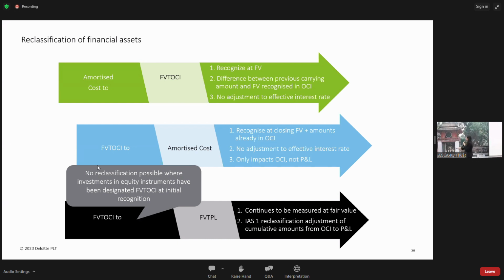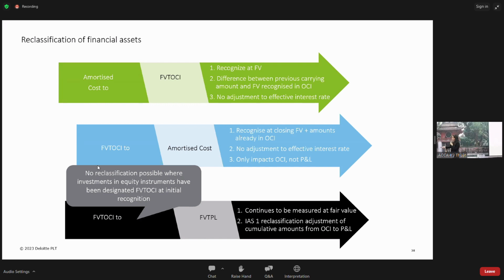So for fair value to OCI to fair value to P&L, because the designation one I cannot change, what is left here is those that met the SPPI test and are held to collect and sell, and I decide that it will go to P&L. Let's say I held for trading, for example, then it must go to fair value to P&L.